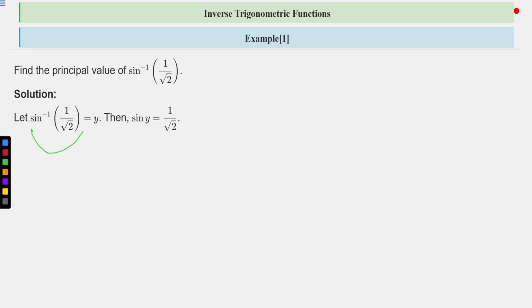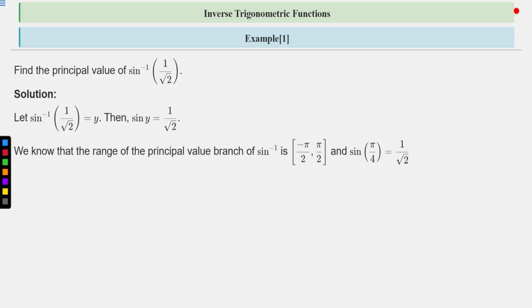Then this sine inverse will go on the other side and it will be sine y. Therefore, we can write sine y is equal to 1 by root 2.